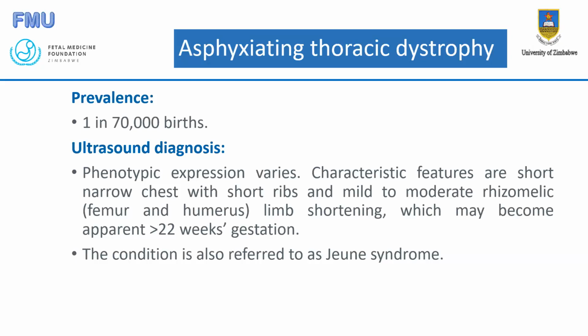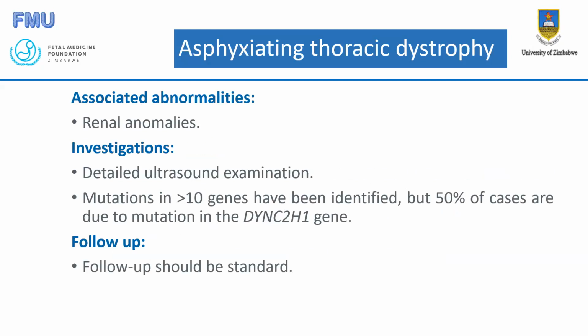There is limb shortening, which may become apparent after 22 weeks gestation. The condition is also referred to as Jeune syndrome. The associated abnormalities include brain abnormalities. A detailed ultrasound scan is required as part of the investigation. Mutations occur in more than 10 genes.